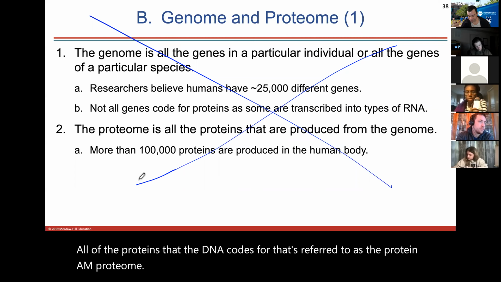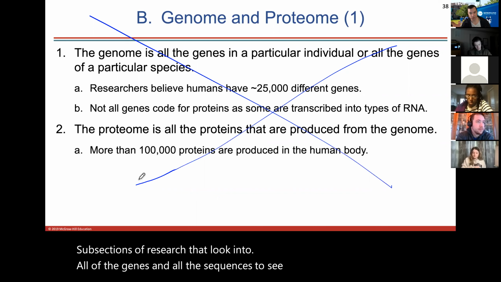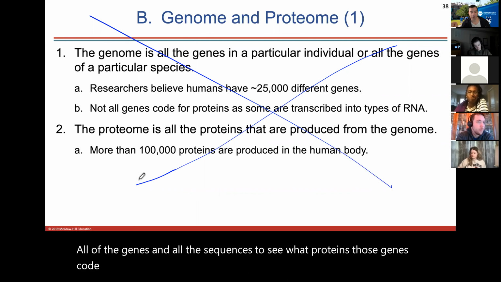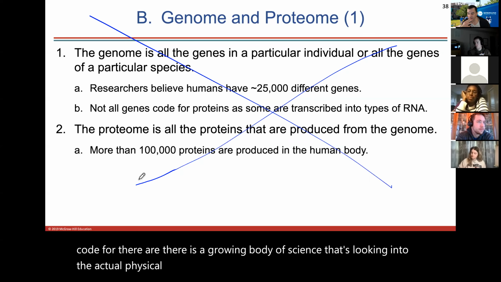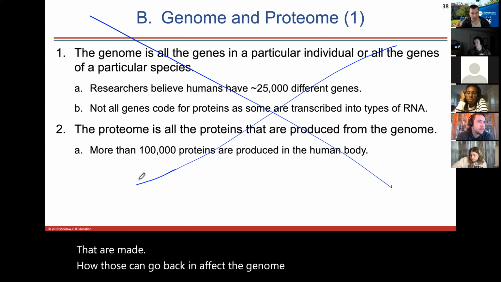There are subsections of research that look into all of the genes and all of the sequences to see what proteins those genes code for. There is a growing body of science that's looking into the actual physical proteins that are made, and how those can go back and affect the genome and their ability to make more of those proteins.